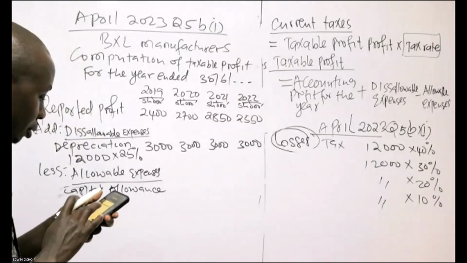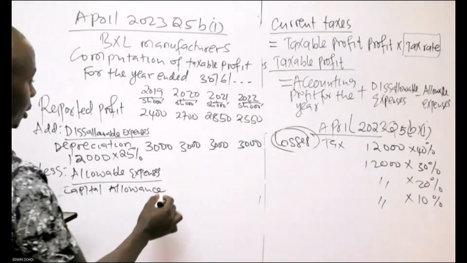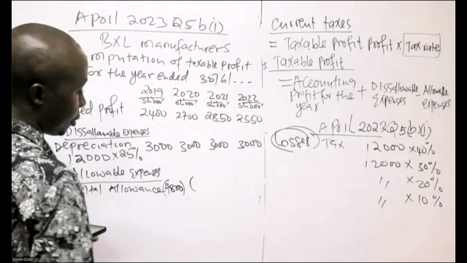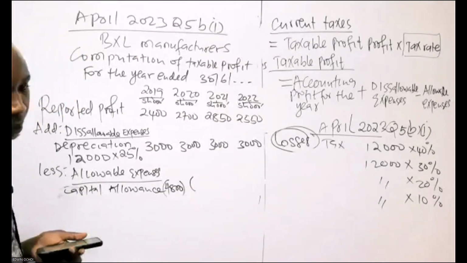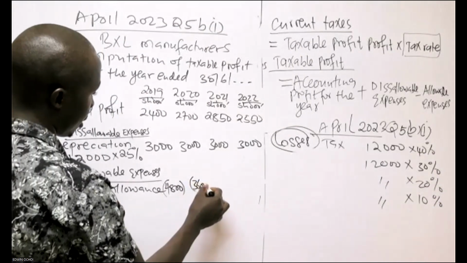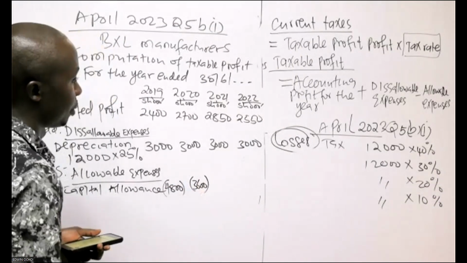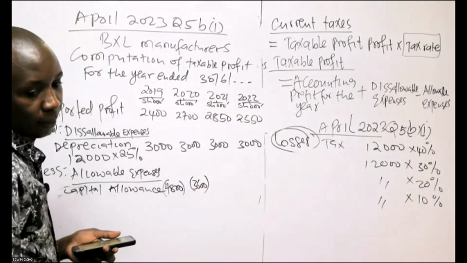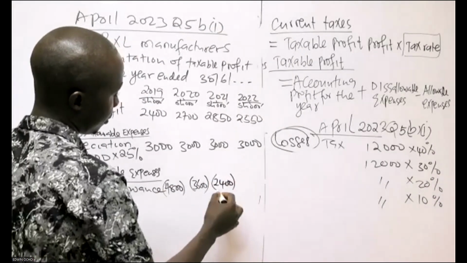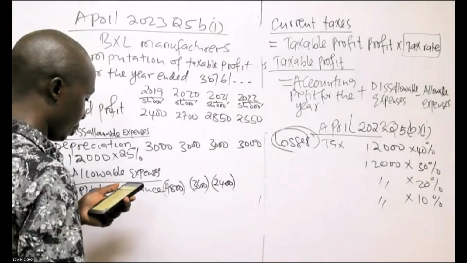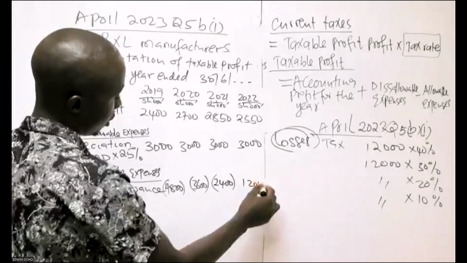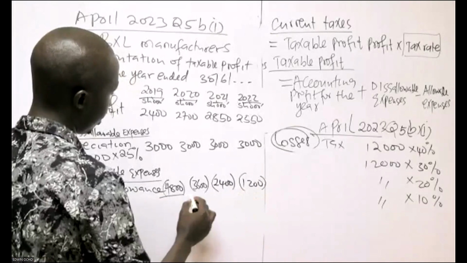The second year, 3,600. The third one, 2,400. Then the last year, 1,200.